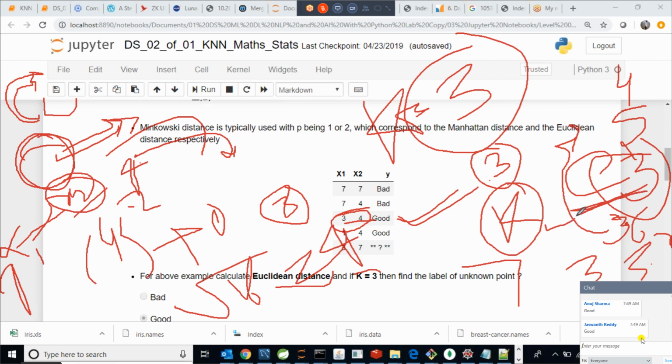That means I'm taking three neighbors here, starting with 3. So the three nearest neighbors are 3, 3.6, and 4. And after that perception, I'm saying that hey, this is the good guy. Got it?